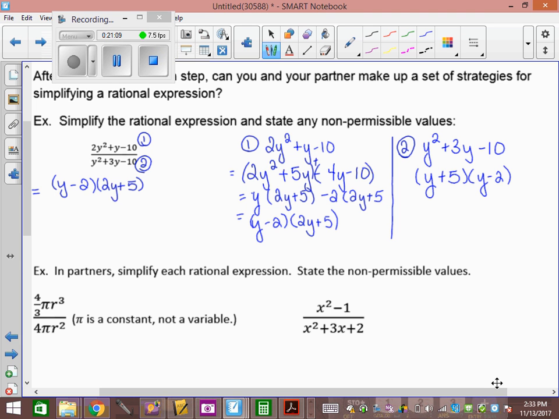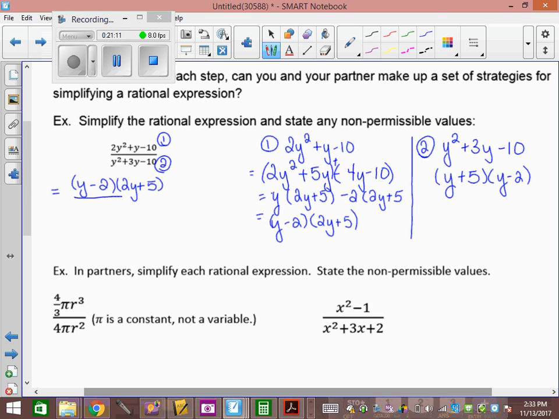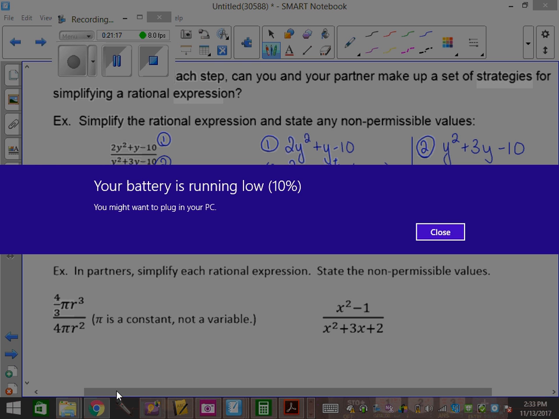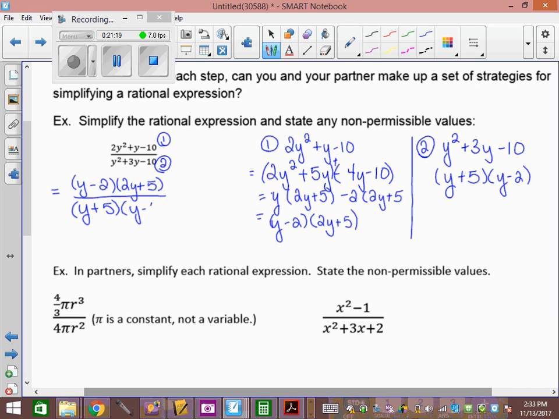So in the denominator, I have y plus 5 and y minus 2. Okay, so before we go to cancel, because we're excited because we see y minus 2 is on the top and the bottom, what do we have to remember to do?